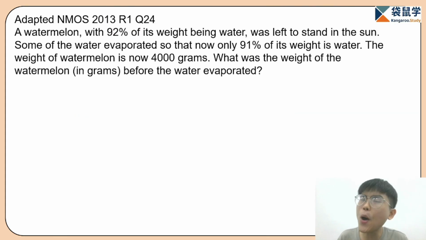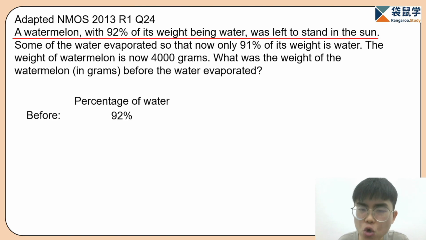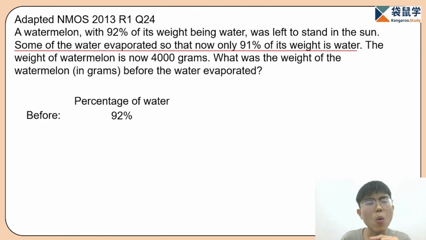Since there's quite a lot of information in our question, let's summarize it. We have two situations here, before evaporation and after evaporation. A watermelon with 92% of its weight being water was left to stand in the sun. So before evaporation, the percentage of water is 92%. Next, some of the water evaporated, so now only 91% of its weight is water.